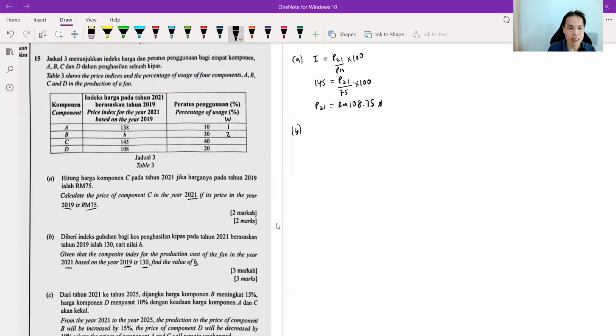Remember, composite index in this case is 130. So we multiply the individual price index, 138 times 1, H times 2, I write 2H, 145 times 4, 108 times 2, divided by your total weightage, 1 plus 2 plus 4 plus 2. Your index is 130.